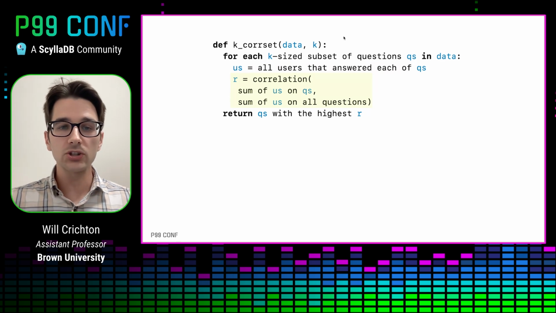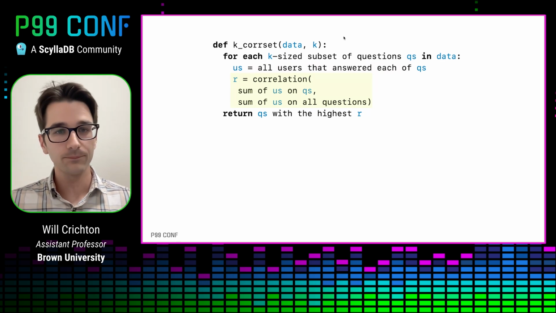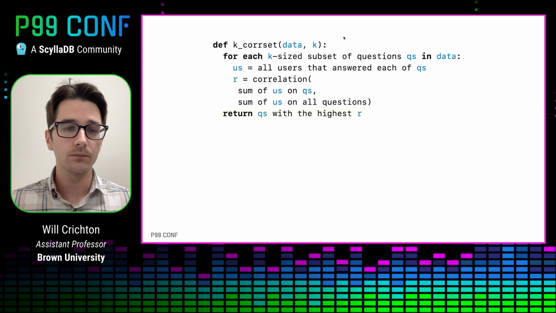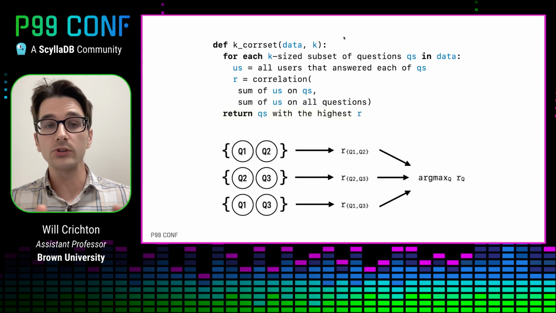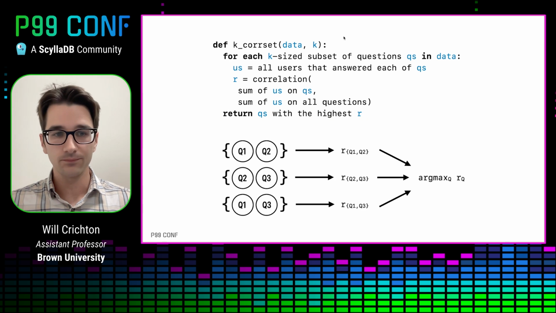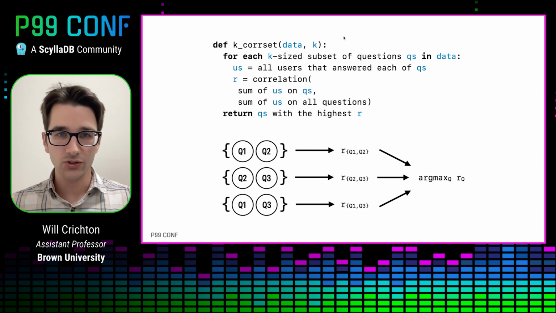We compute the correlation of the users' answers to QS with their answers on everything. And finally, return the questions with the highest correlation R. So for example, if k was 2, then it would look like this. We get each subset of size 2, compute the correlation for that subset, and then get the highest scoring subset. So that was my research question.